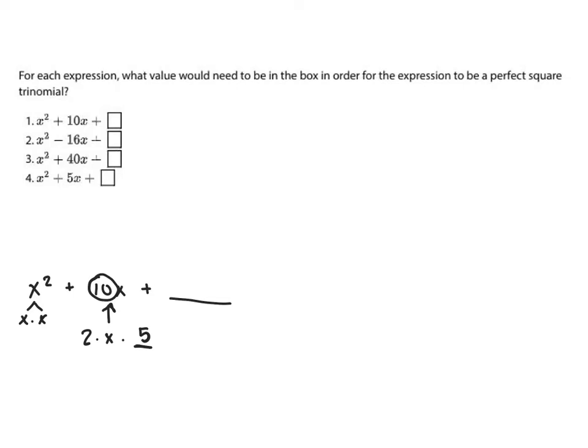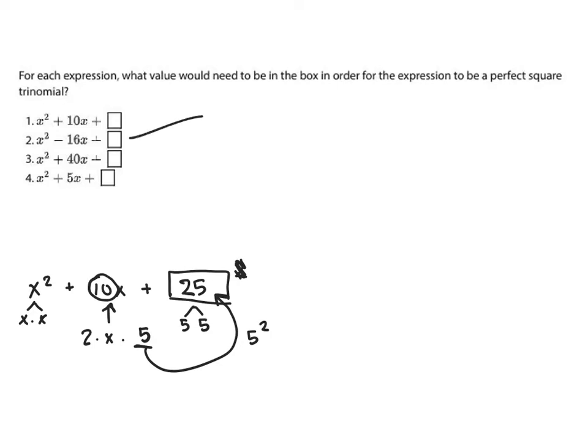And then to go into this box, we would square it. All right, let's practice one. Well, we did just practice that one, didn't we?